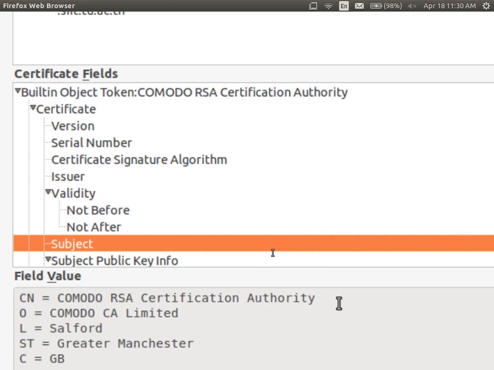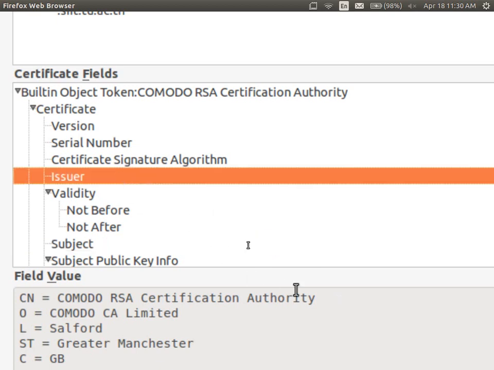Who issued this? The same organisation. That is, they issued it to themselves. This is called a self-signed certificate. This is a certificate of Komodo CA, the public key of Komodo CA, signed by Komodo CA.